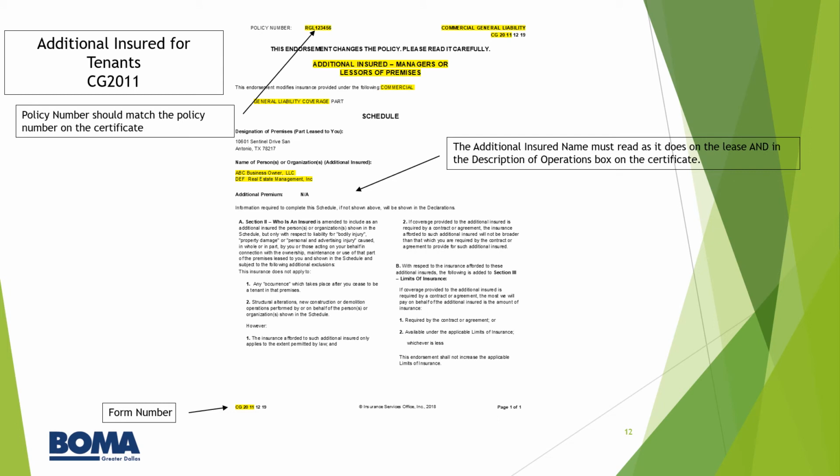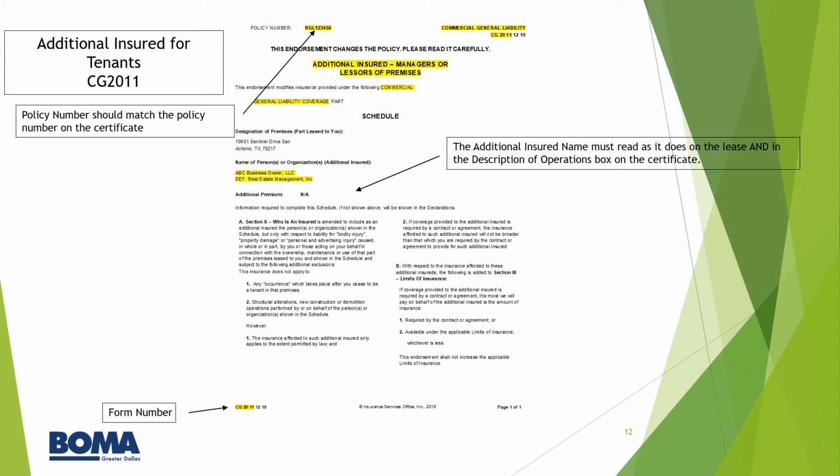It is a common mistake for agents to send us the CG 2010 rather than the CG 2011. And when we're asking for a CG 2011, we are talking about the relationship there with a tenant and the owner, the manager, the lessor of the premises.